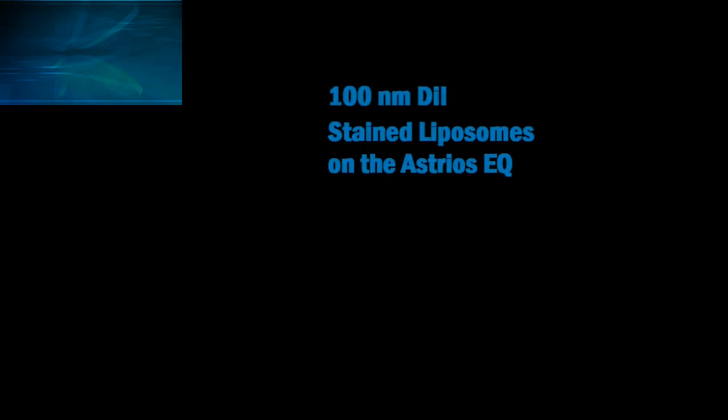The DiI liposomes, as we can hopefully see in the video, had a higher fluorescence value than DiI stained liposomes 100 nanometers on the Astrios EQ. The Astrios EQ is able to see 100 nanometer DiI stained liposomes from noise on both side scatter and the fluorescence 561 channel. The instrument starts with noise visible.